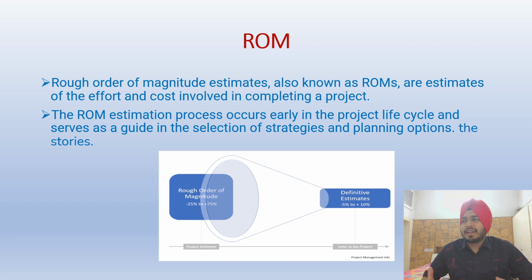We just give a rough estimate that this activity would be completed in this much amount of time. In most cases, this estimate is far from the actual time used to complete that user story. So this technique is not very useful, but it is faster, so in some cases we use it as well.